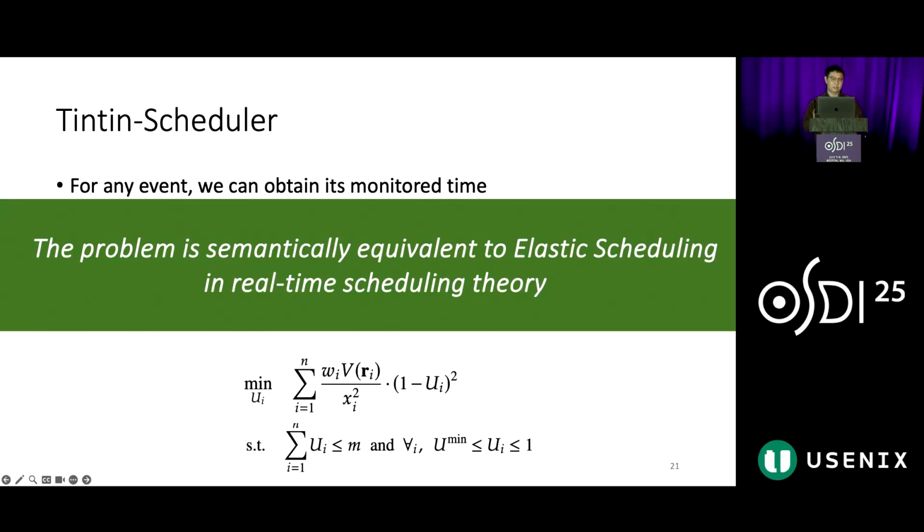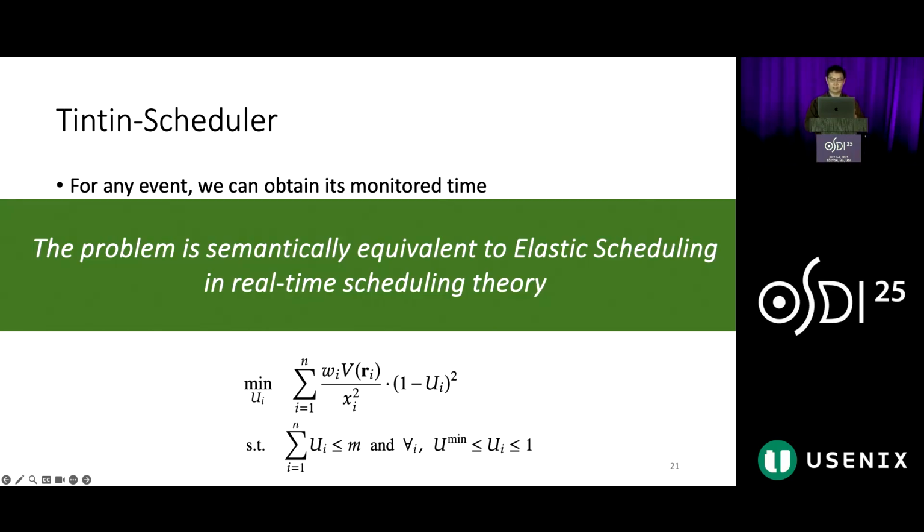And that's exactly what we did in our paper. We formulate the whole problem using the language of real-time theory, we give the solution, and we prove the optimality of the solution. Due to the time limit, I will not go into details of that.